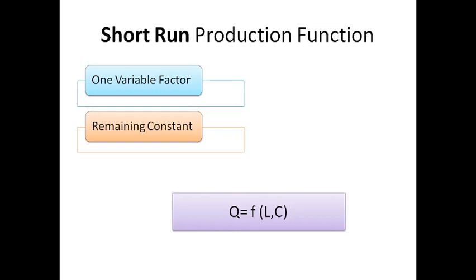Short run production function is a function where there is a relationship between fixed and variable factors and output. So we can say that Q = f(L, C). Quantity is a function of labor and capital.